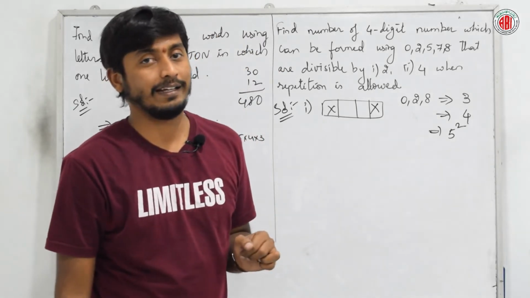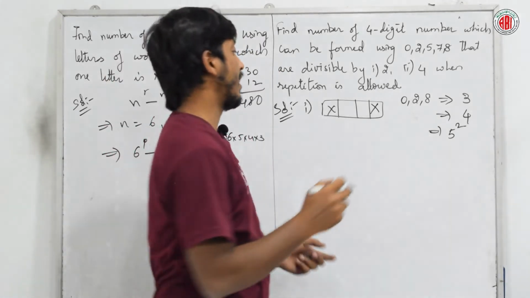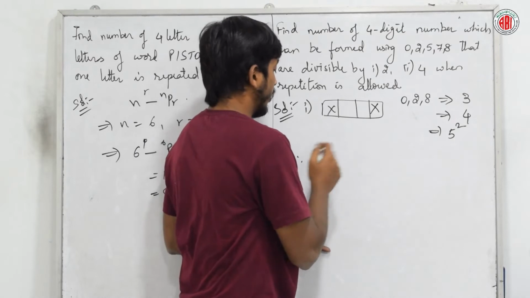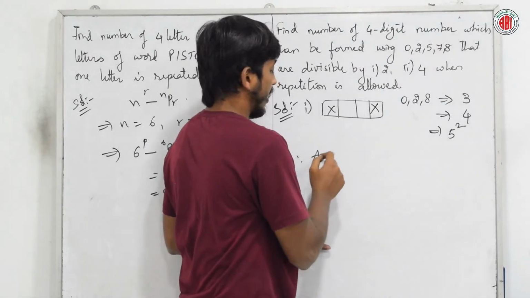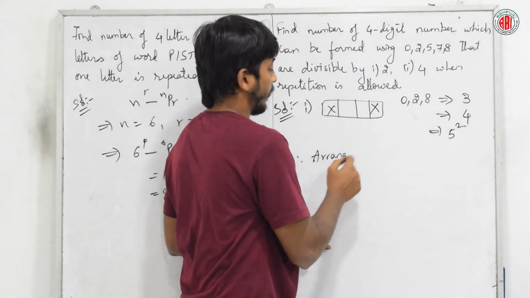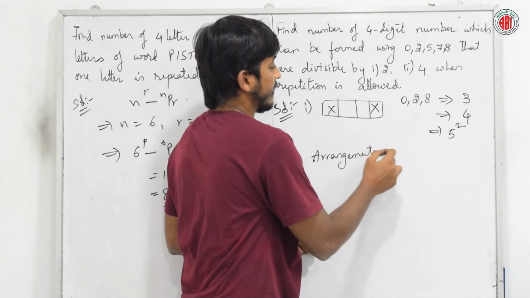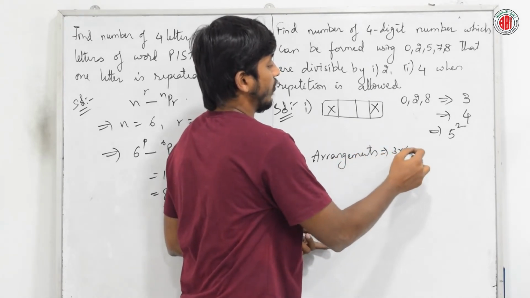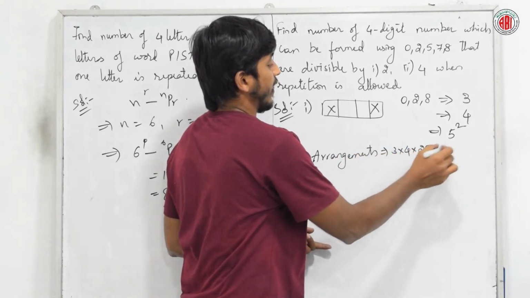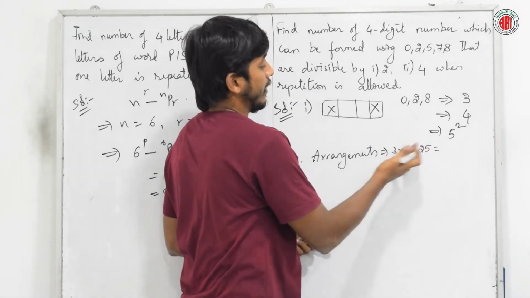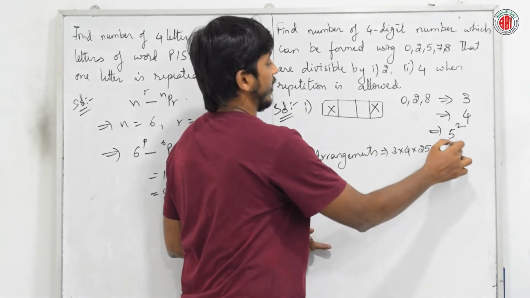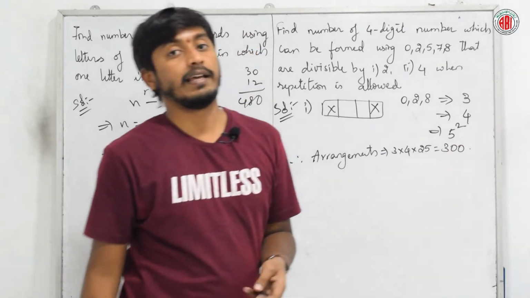Is it right? So what will be my answer now? Therefore, the total number of arrangements is 3 into 4 into 25. 25 4s are 100, 100 3s are 300. That's it. Is it clear?